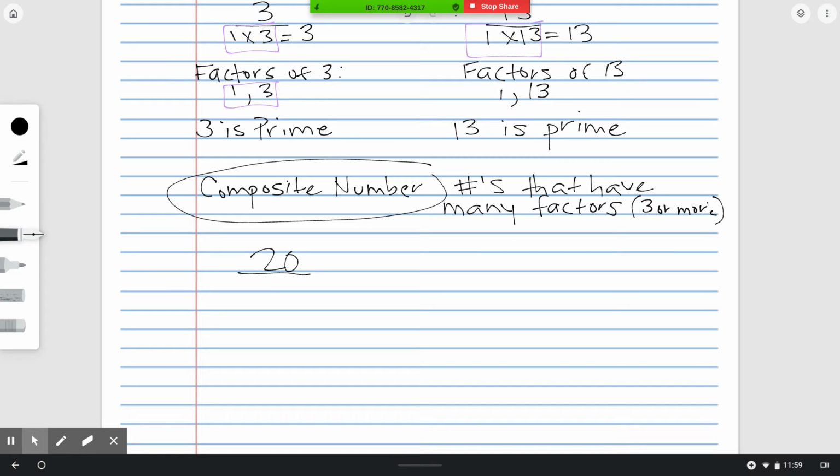So I can do 1 times 20 to give me 20. Can I do 2 times something to give me 20? Yes. 2 times 10 gives me 20.